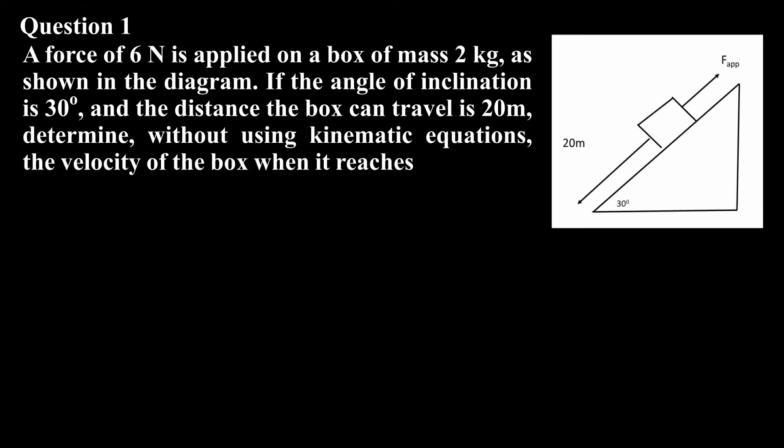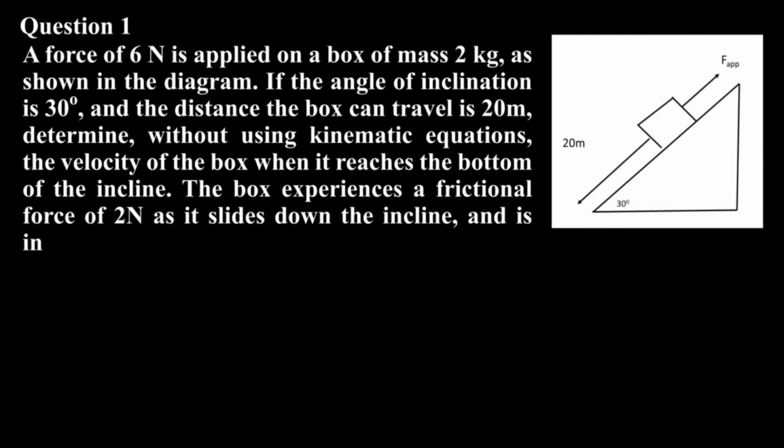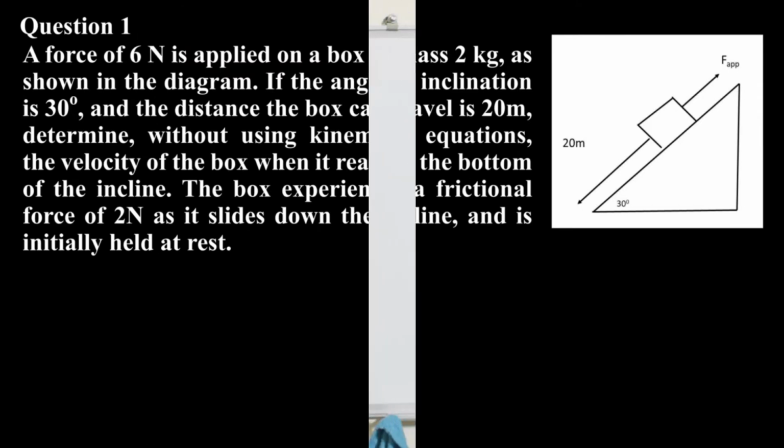If the angle of inclination is 30 degrees and the distance the box can travel is 20 meters, determine, without using kinematic equations, the velocity of the box when it reaches the bottom of the incline. The box experiences a frictional force of 2 newtons as it slides down the incline and is initially held at rest.